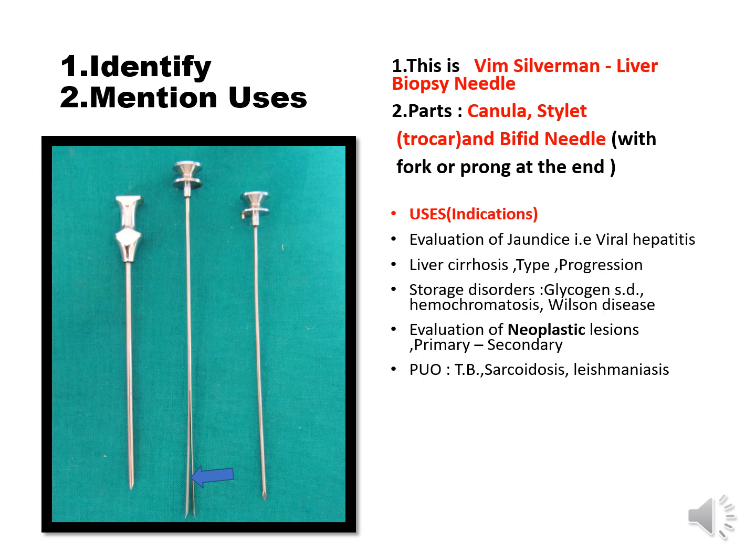The uses of Wim Silverman biopsy needle are evaluation of jaundice. In suspected cases of jaundice, after biochemical and clinical studies, we recommend biopsy to evaluate the type of viral infection, whether it is hepatitis B virus or hepatitis C virus, and what the active stage is.